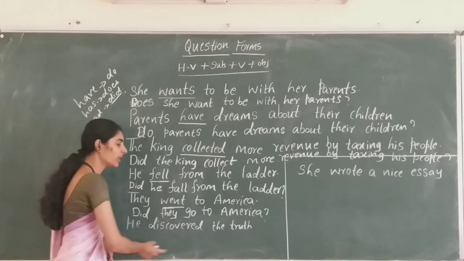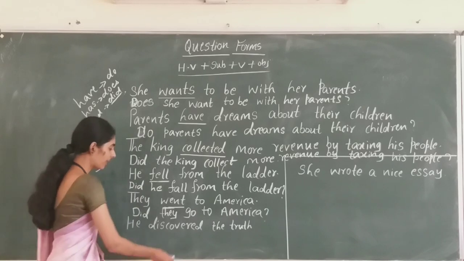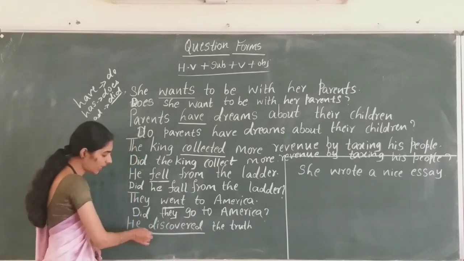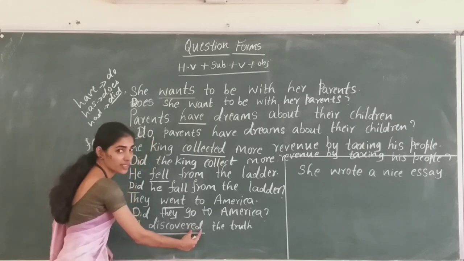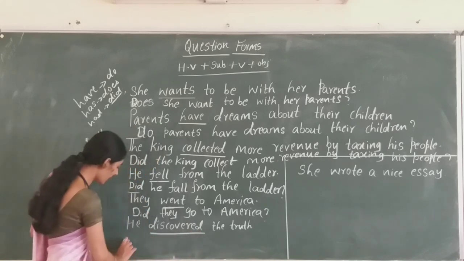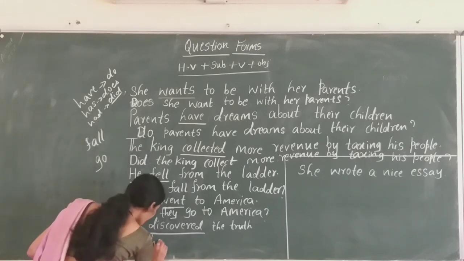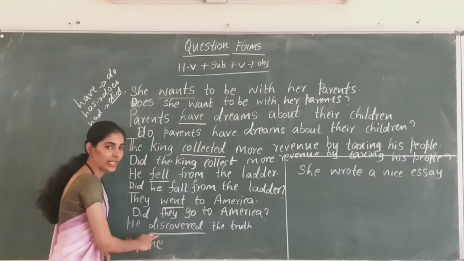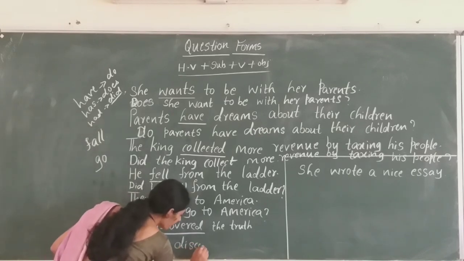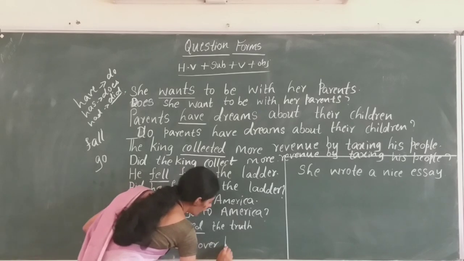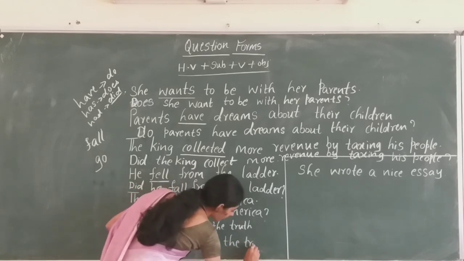Look at here. He discovered the truth. Again, the verb here is discovered. Again, ed, right, which means this is in the past tense, so it takes did. Did he discover the truth.